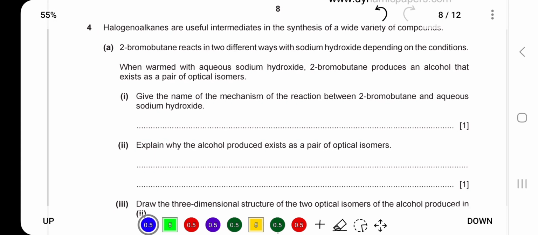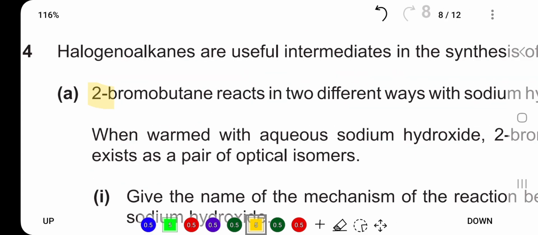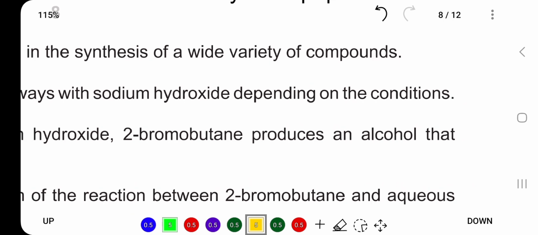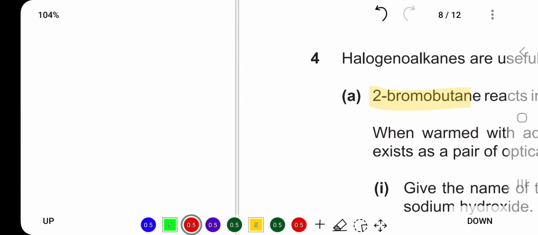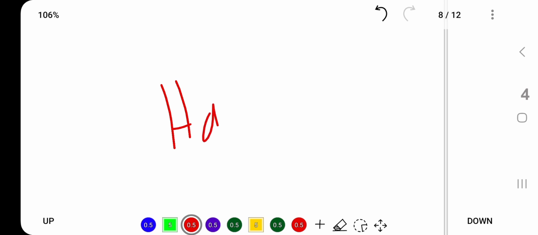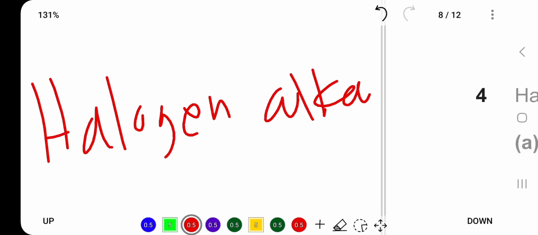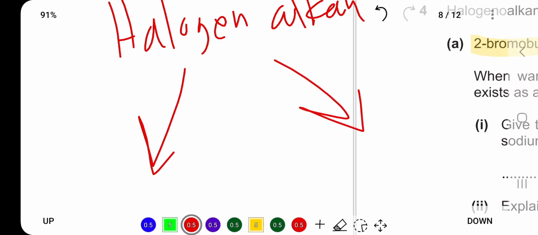Okay, now we're in organic chemistry part. Halogenoalkanes are useful. Alright, so we're talking about bromobutane reacts in 2 different ways with sodium hydroxide depending on the conditions. Now again, bromobutane is a halogenoalkane. Halogenoalkane can react in 2 ways.